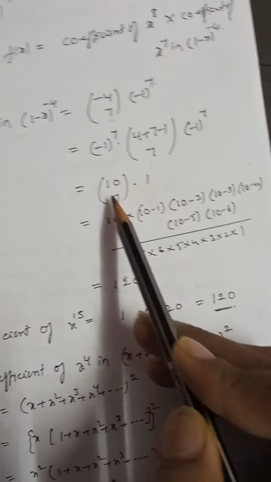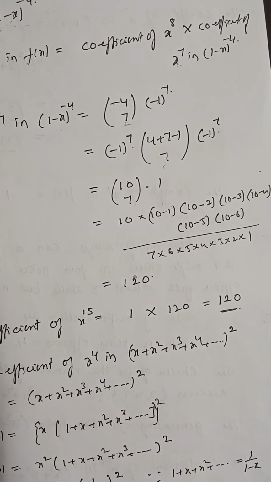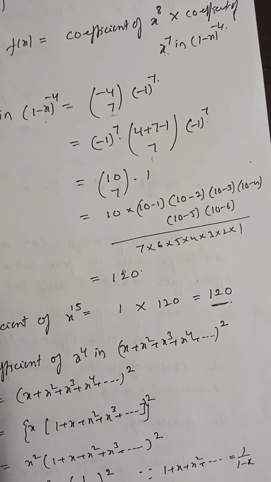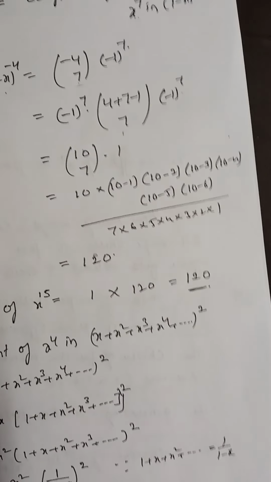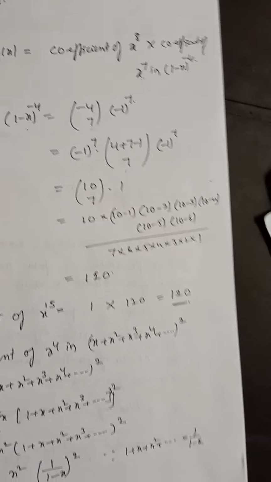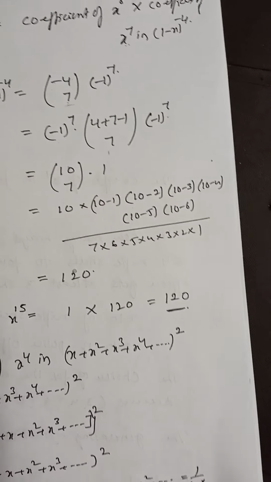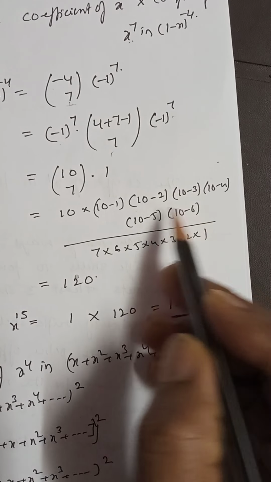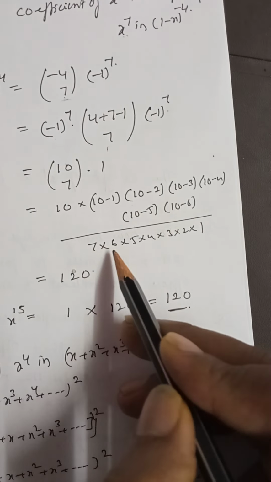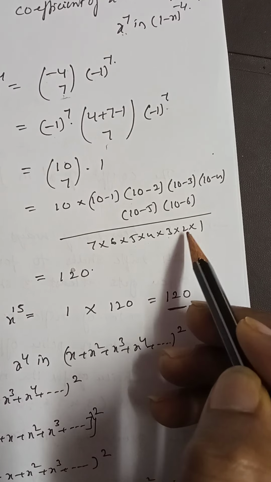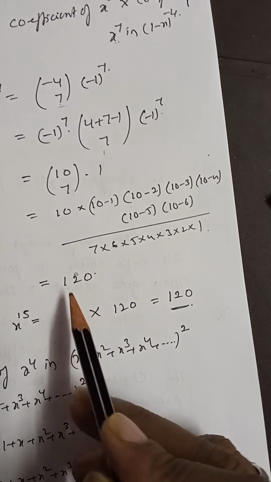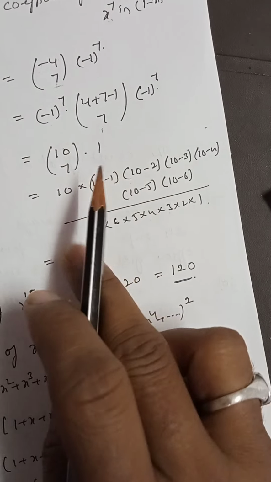This is 10 C 7. 10 C 7 means 10 into (10 minus 1) into (10 minus 2) into (10 minus 3) into (10 minus 4) into (10 minus 5) into (10 minus 6), right? Now here 7 factorial means 7 into 6 into 5 into 4 into 3 into 2 into 1. If you simplify this one, you will get 120.